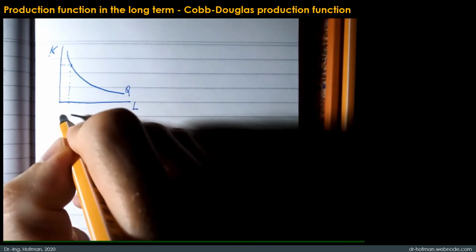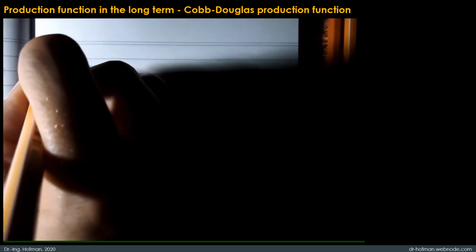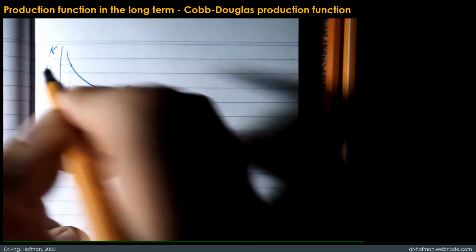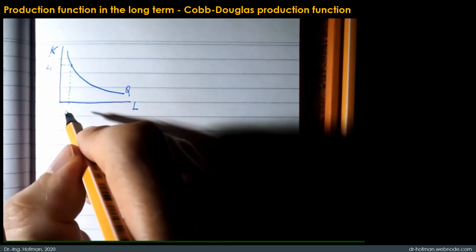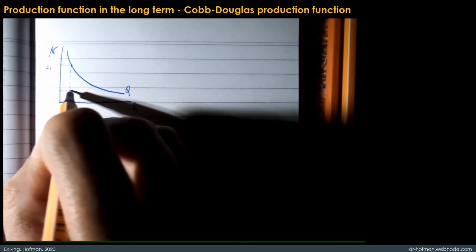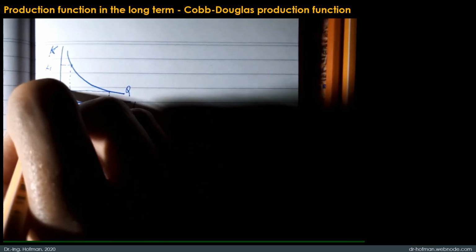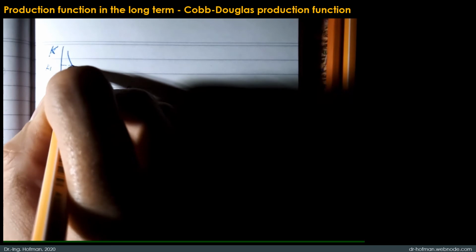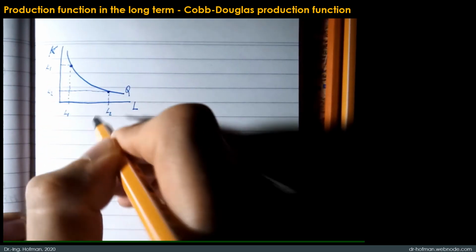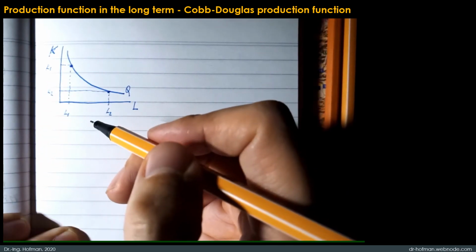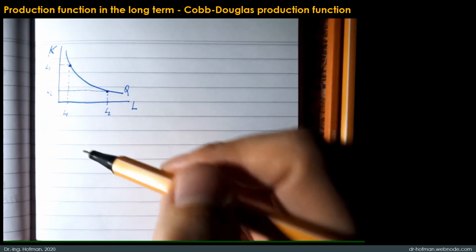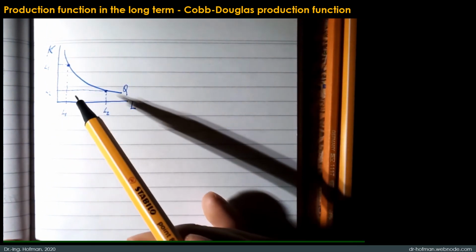We can also mark the points L1 and K1 and say that here and here in K2, L2, the company has the same quantity or volume of production.